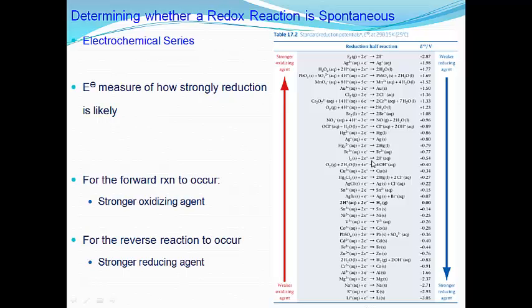And so if we have very high positive E0 values, we have very strong oxidizing agents. If we have very high negative values, we have very strong reducing agents. And this series of reduction potentials of half reactions is called the electrochemical series.